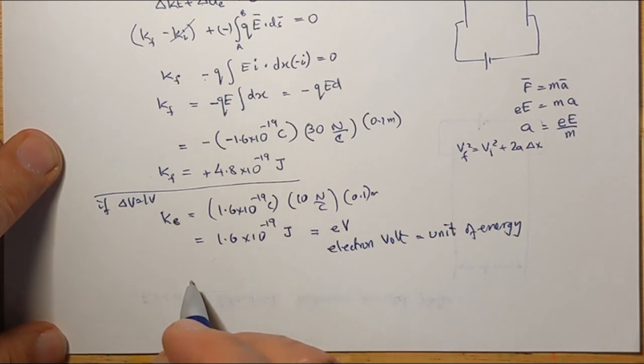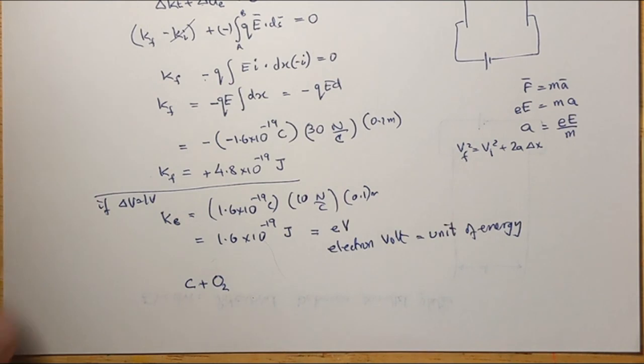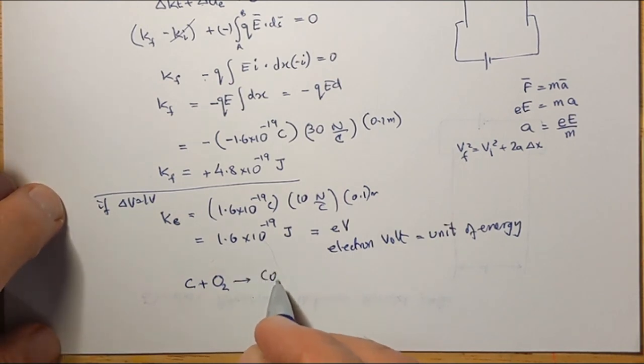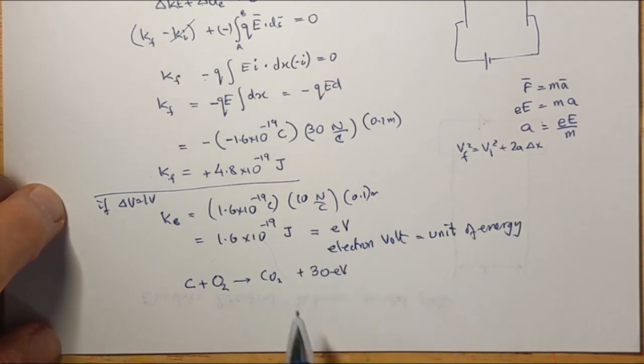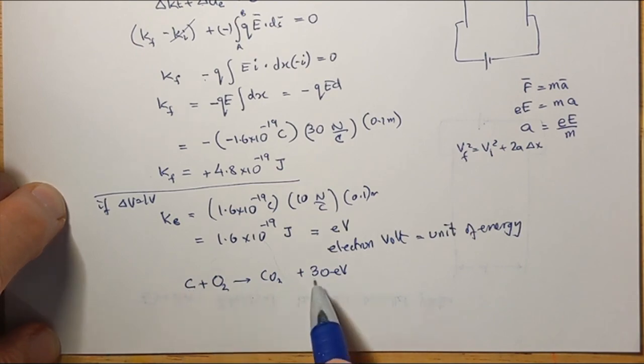For example, when carbon combines with an oxygen molecule and makes CO2, it releases about 30 electron volts of energy. So one carbon atom burning will create about 30 electron volts.